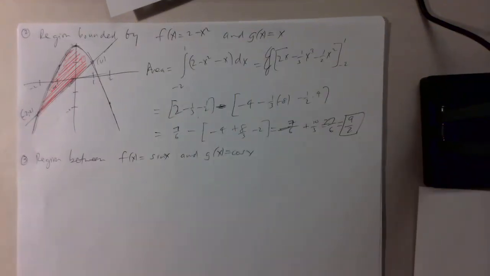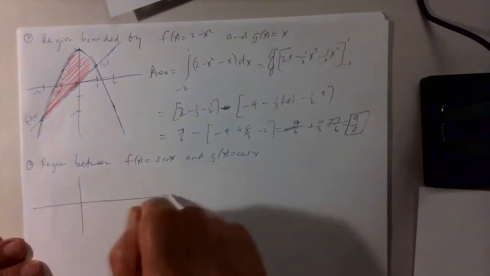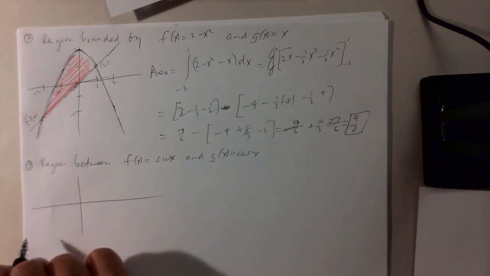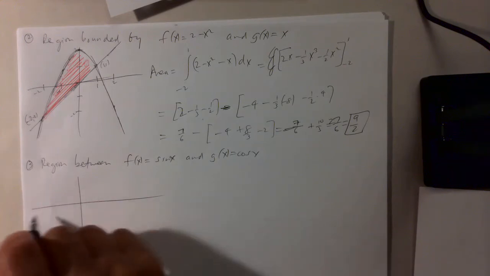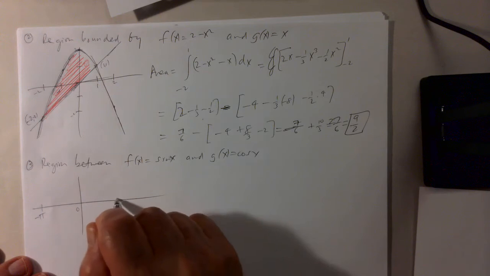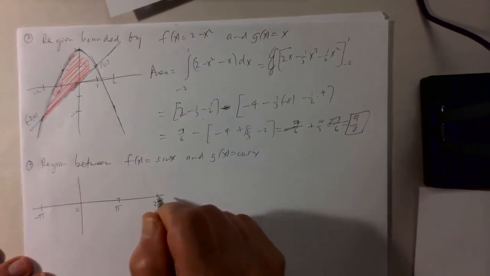Here's an interesting question. Look at the sine x and the cosine x. These are oscillatory functions. Let's just take a look at what the graph looks like. Let's say this is minus pi, 0, pi, 2 pi.